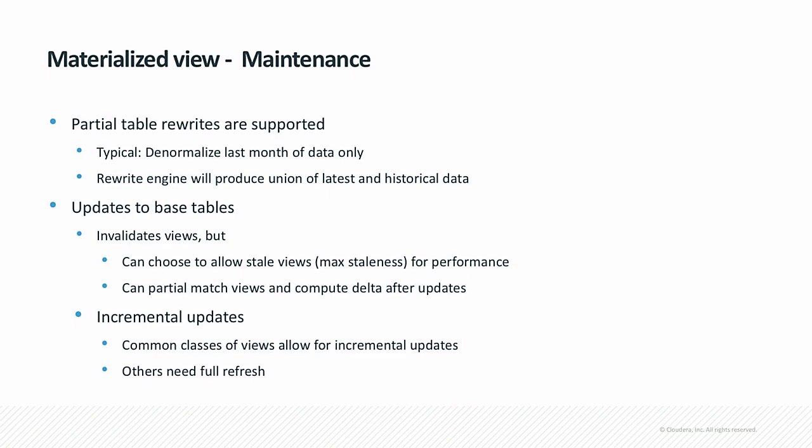Also, with updates to the table, if it's defined on transactional tables, Hive will be able to detect if your view has been invalidated because of writes to the table, and so by default, Hive won't reroute queries to a materialized view if it's detected to be stale. On the other hand, if you want to trade off accuracy for performance, you can add settings to tolerate a certain amount of staleness in your materialized views.